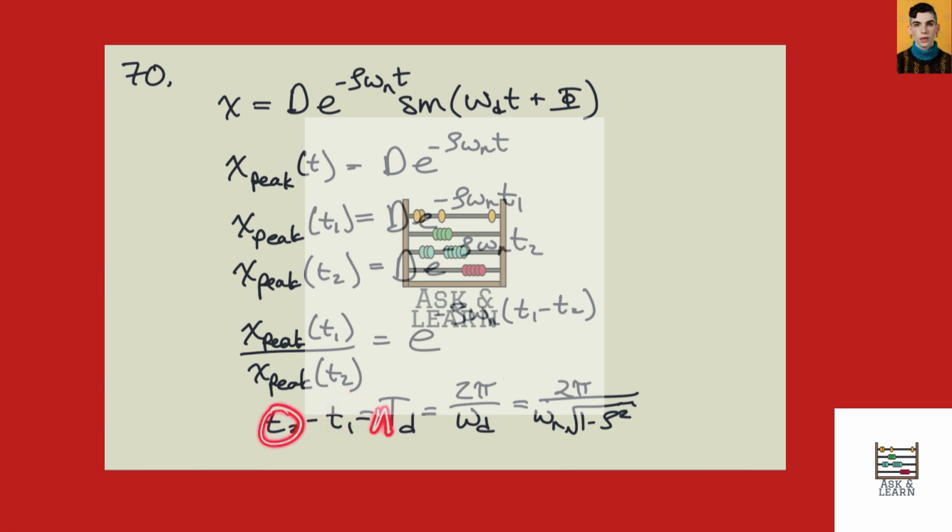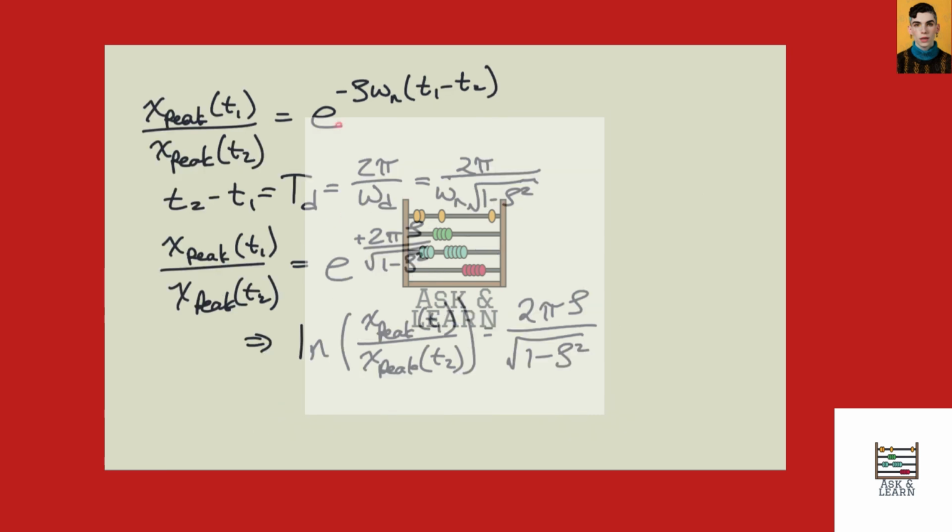So you'd have n in here, and that would propagate through, and you'd just need to know how many peaks apart each of these are. That can give you a better approximation, because subsequent peaks can be a little misleading, especially if there are other kinds of energy dissipation in the system, like Coulomb friction. But this is a good way of getting an estimate of the damping coefficient, or the damping ratio.